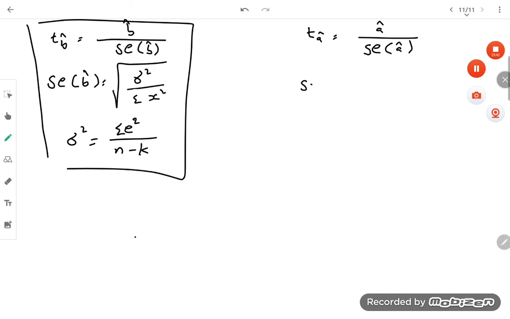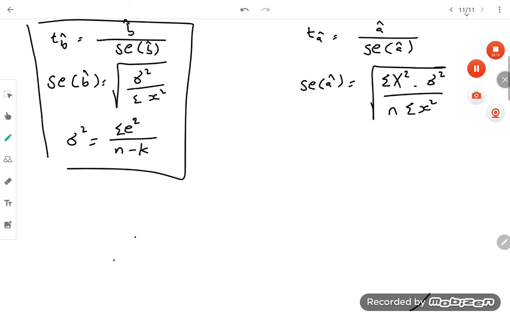It's calculated as the square root of summation X squared multiplied by sigma squared, divided by n multiplied by summation small x squared.